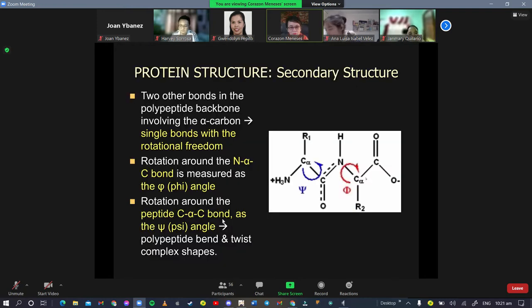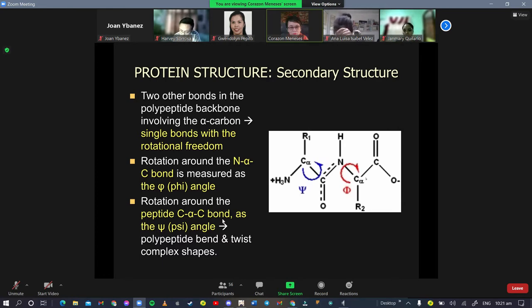Okay, let's take a closer look at the other bonds that are present in the polypeptide backbone or in the polypeptide chain. So we mentioned already that the peptide bond has a partial double bond character, an amide bond, wherein there is limitation of movement or rotation.